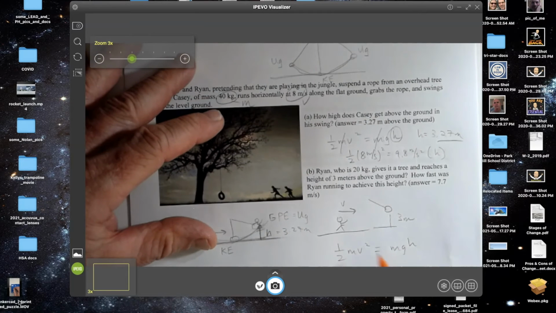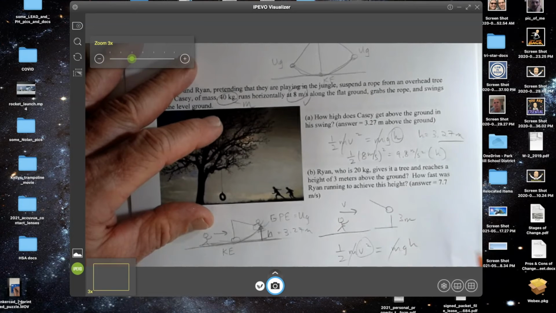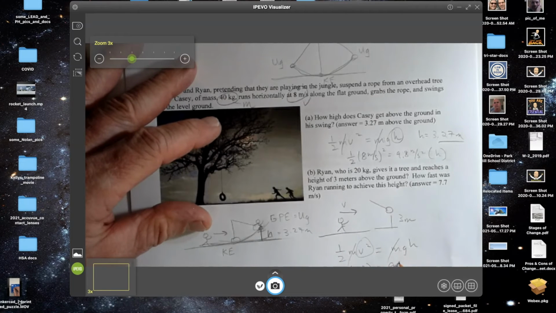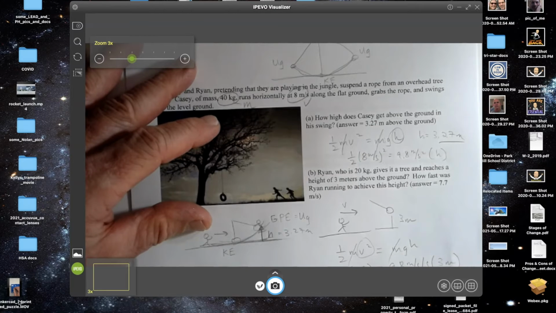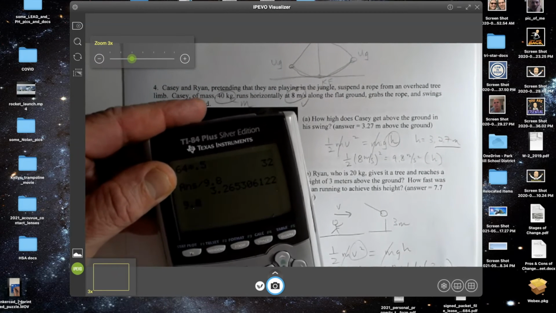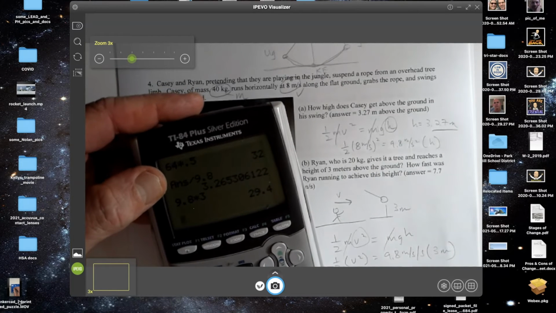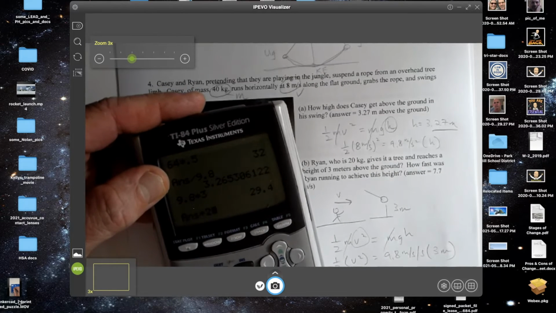In this case, we don't know what that velocity is. Okay, the masses again cancel. We're left with 1/2 v squared equals 9.8 meters per second squared times 3 meters. So 9.8 times 3 times 2.